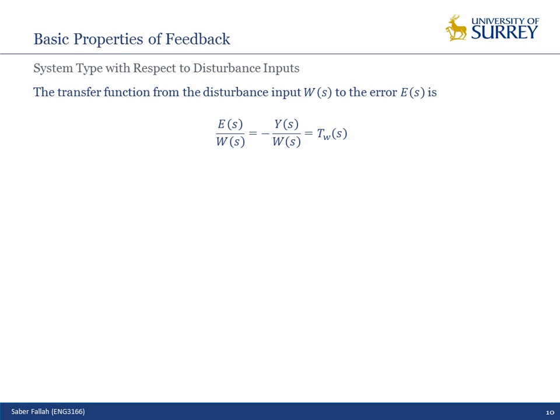Look, if you look at the lecture notes, we have 3 inputs, R, W, and V. If I want to talk about the response subject to each input, according to the superposition principle, I can put the rest of the inputs 0. Here, I have R_s and W_s, but I'm looking at the W_s. So I put R_s equal to 0, according to the superposition principle. So the transfer function will be equal to minus Y_s over W_s.